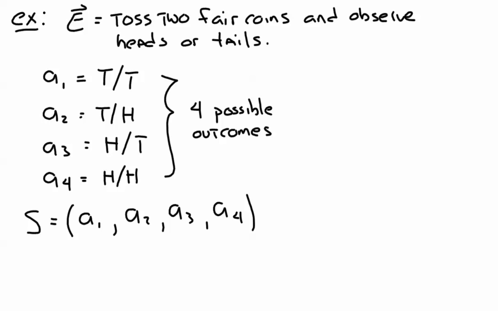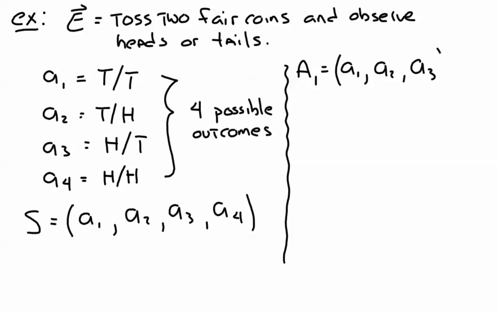All right? So from here we could then define perhaps some events. Let's look at some events. Capital A1 might be the collection of outcomes A1, A2, and A3.